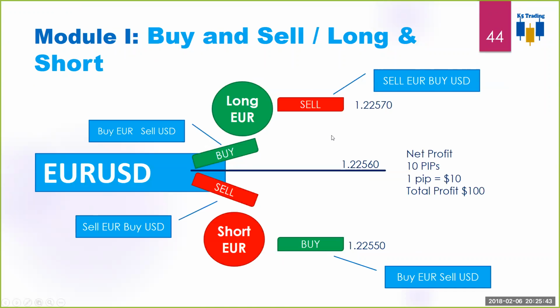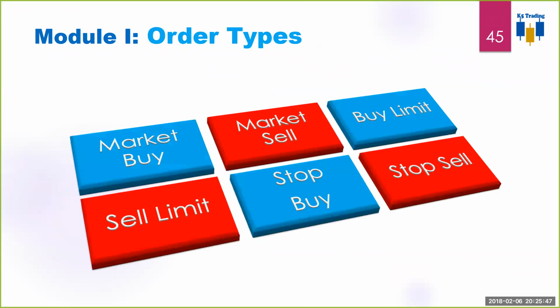So order types: there are 6 order types: market buy, market sell, buy limit, buy stop, sell stop, and sell limit. We do not trade anything on market buy or market sell unless it is necessary.